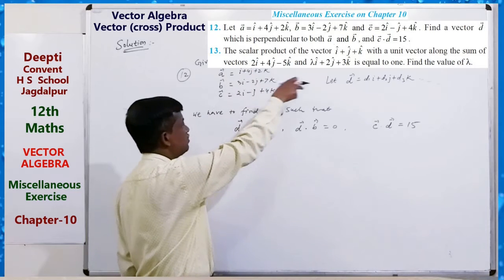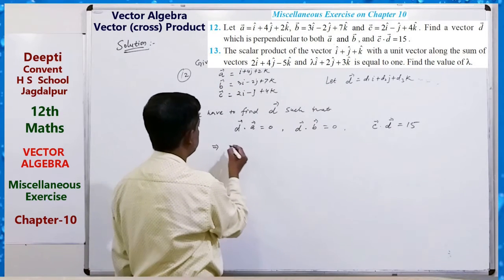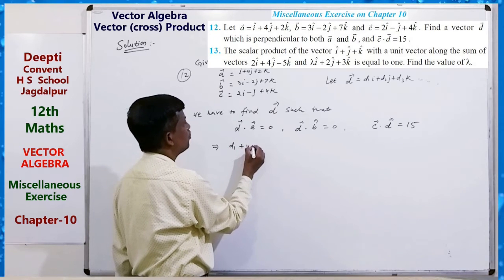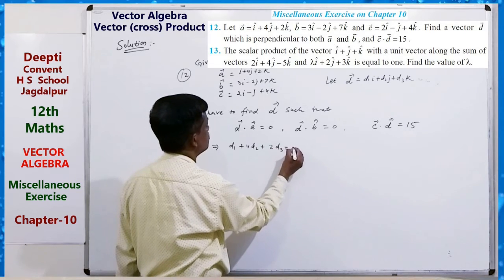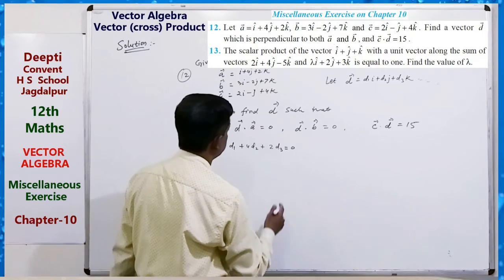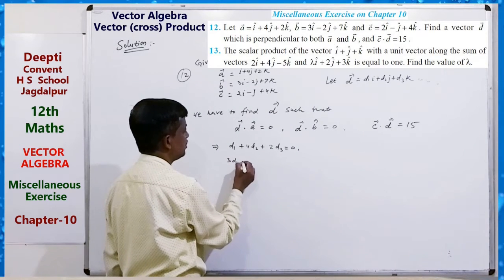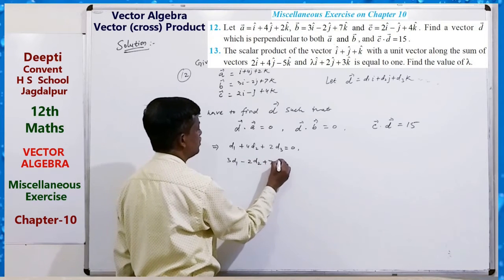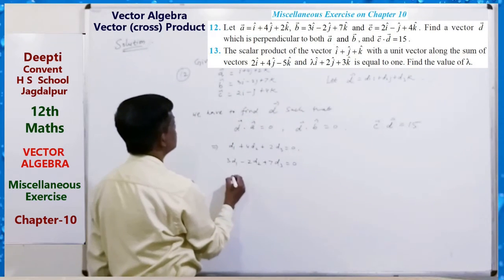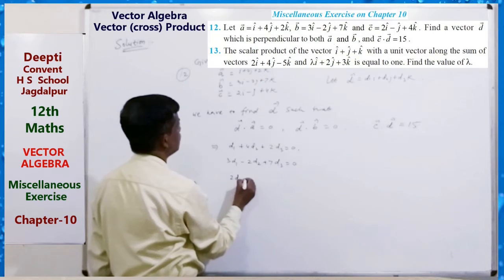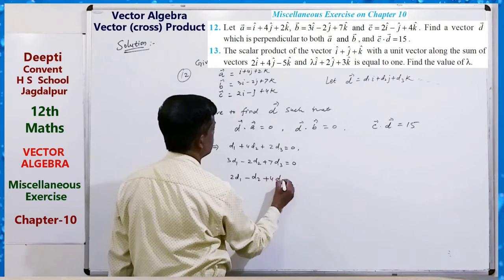Now here A, B, C are given, and let D be this. Then the dot product D dot A means D1 plus 4 D2 plus 2 D3 equals 0. Similarly, D dot B gives 3 D1 minus 2 D2 plus 7 D3 equals 0, and also C dot D equals 15, so 2 D1 minus D2 plus 4 D3 equals 15.